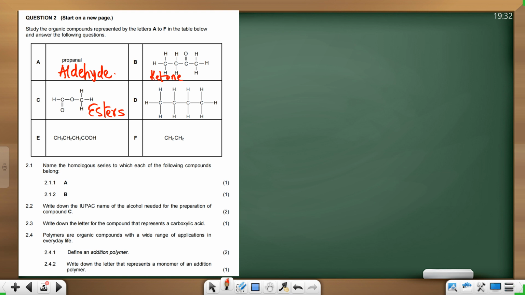What about D? Alkanes. Guys, I'm enjoying myself. Alkanes. What about E? Carboxylic acids. And what about F?